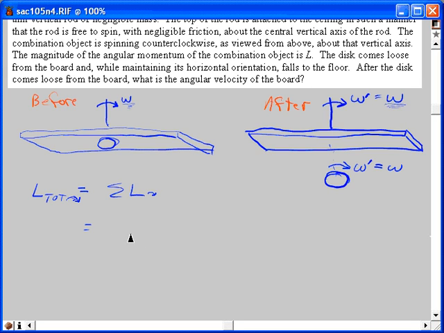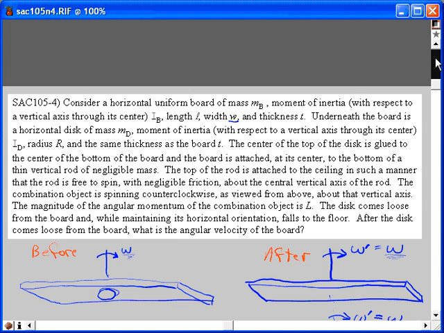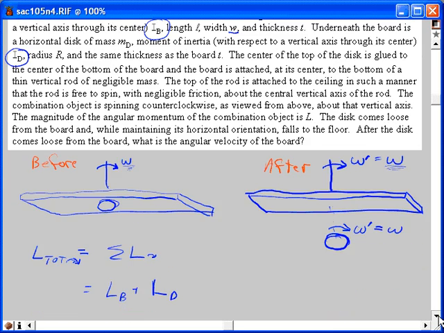And that's just, I call it LB plus LD, the board and the disk. And I believe they gave us the moments of inertia. So I sub B is the moment of inertia of the board, and I sub D the moment of inertia of the disk.